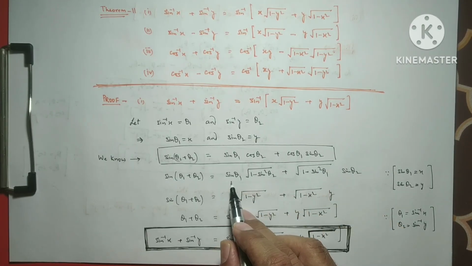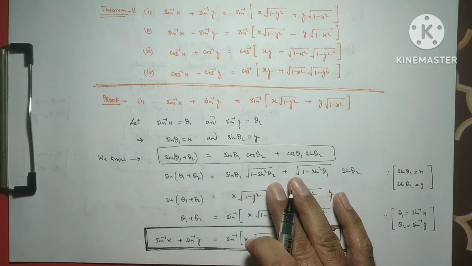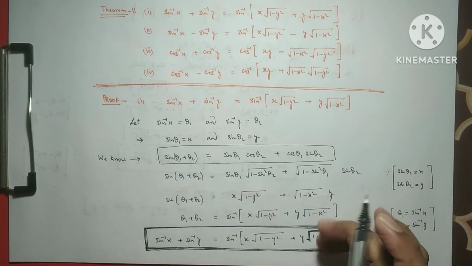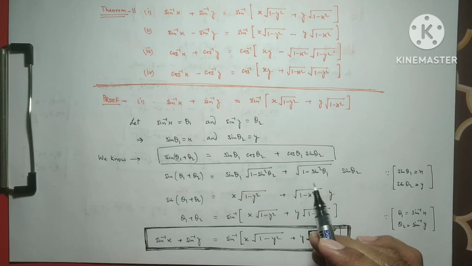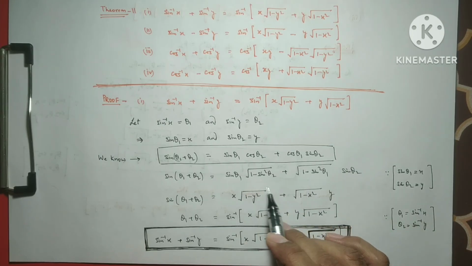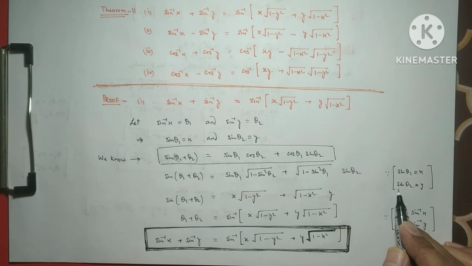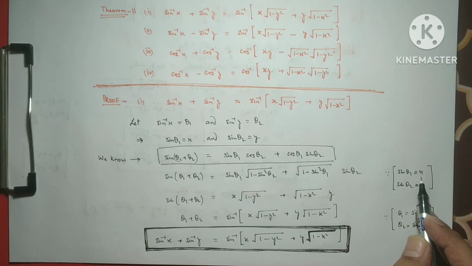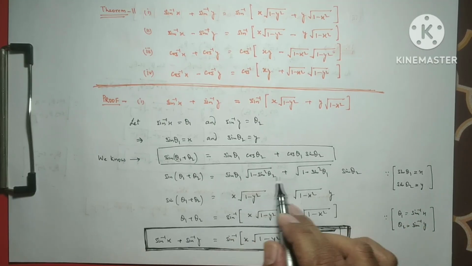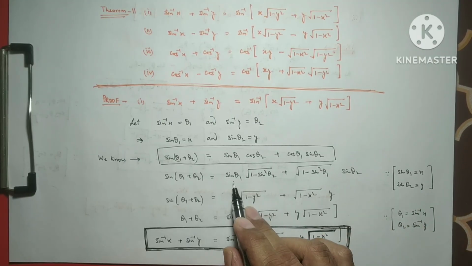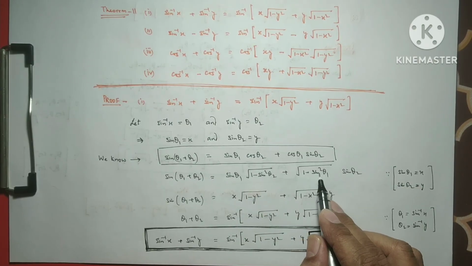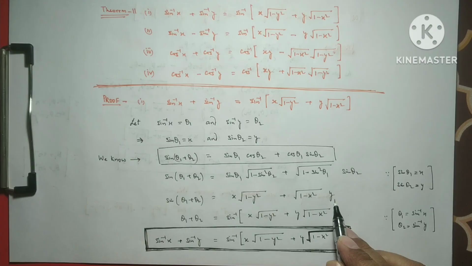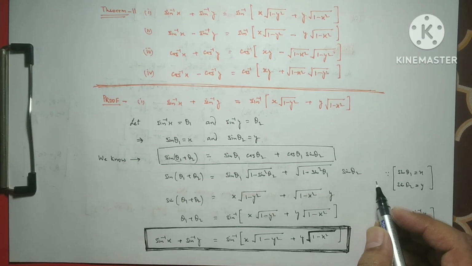Right now the right hand side is completely transformed in terms of sine, and according to our assumption we have sin theta 1 as x and sin theta 2 as y. So we put these values in the right hand side expression: this is x, this is under root 1 minus y square, this is under root 1 minus x square, and this is y.